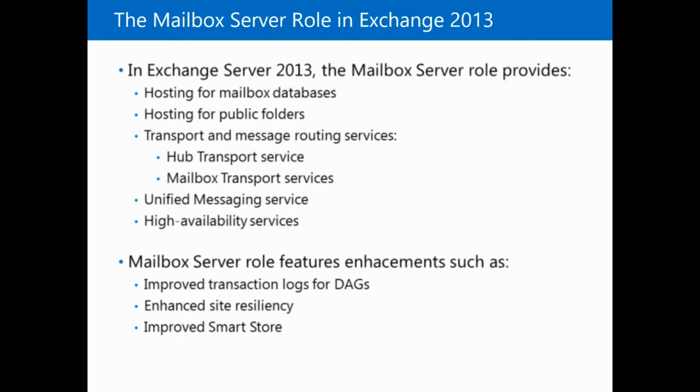So the Hub Transport service running on the mailbox server role handles all internal Simple Mail Transfer Protocol (SMTP) and performs message categorization and content inspection. So it controls the mailbox and categorizes messages.